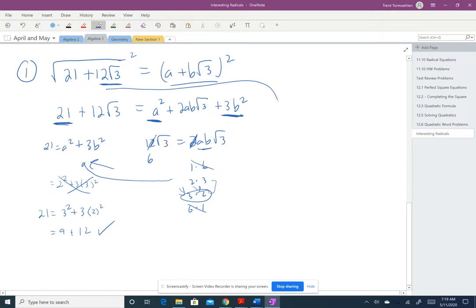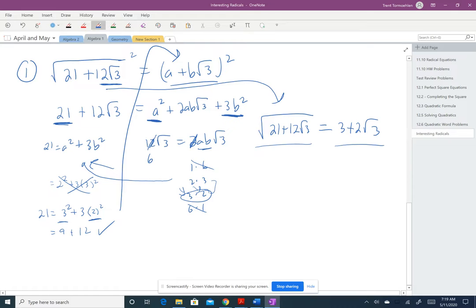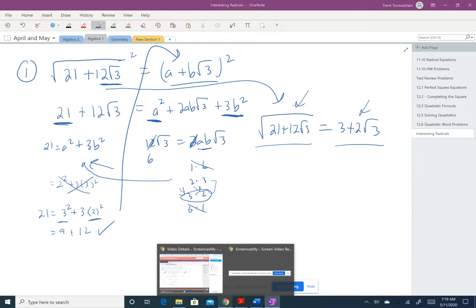And so what we've discovered is that the square root of 21 plus 12 root 3 must equal, take the a and the b we found, a is 3, b is 2, put it back here into the original, and you get 3 plus 2 root 3. And these two are equivalent radicals. And so we took this complicated nested radical and we came up with a much simpler radical, 3 plus 2 root 3.